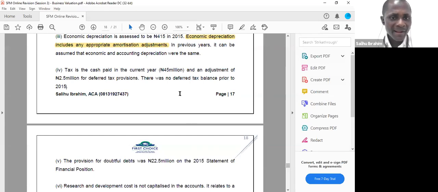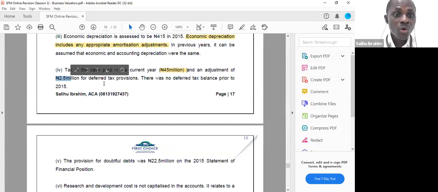Now, I will pick my tax here, 45 million. When I pay that 45 million tax, then next is what? The question now says an adjustment of 2.5 million for deferred tax provision. There was no deferred tax balance prior to 2015.